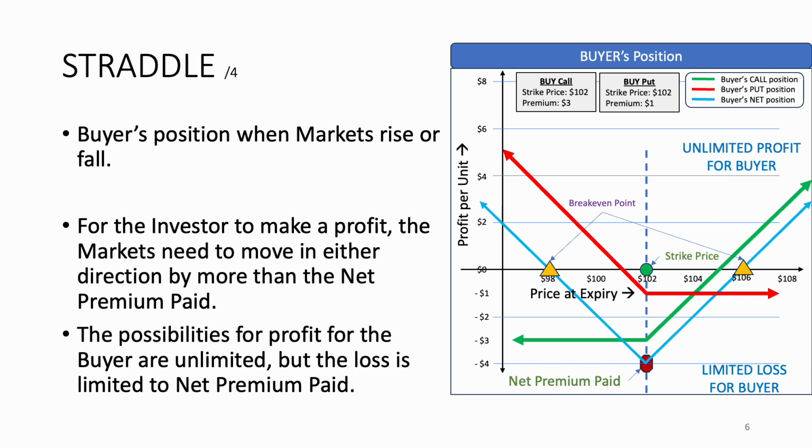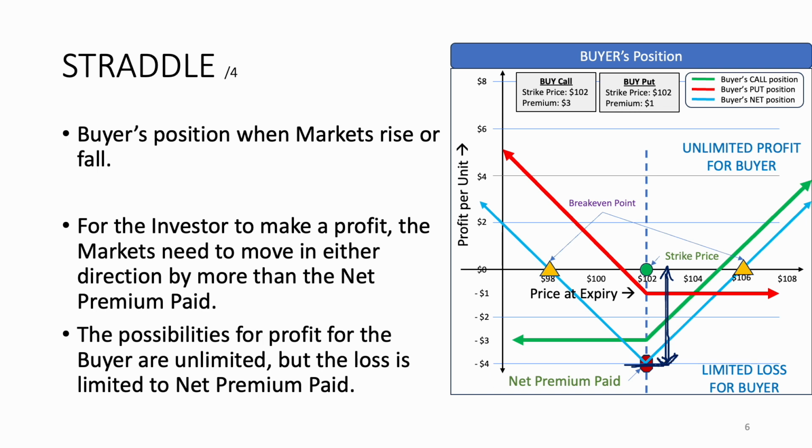Now we see the buyer's position when the markets can fall or rise. The complete picture, what we have discussed in parts, let us see it in a single picture now. You notice that the maximum loss the buyer can make is the net premium he is paying, that is here. However, he will never really suffer this much loss because the markets will move. He will lose the total net premium only if the markets do not move at all.